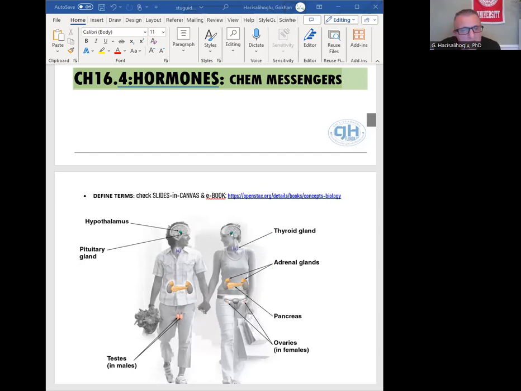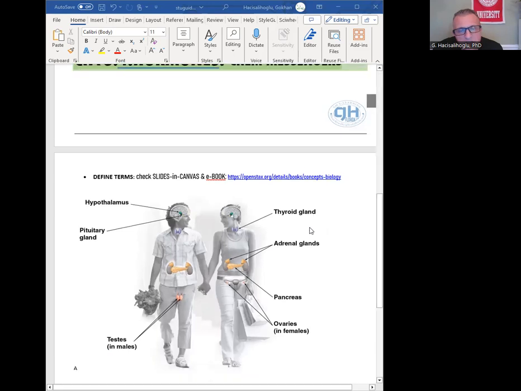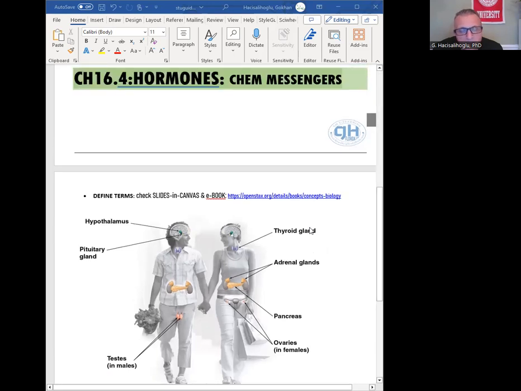In this picture, you see all the major organs and glands like the thyroid gland, adrenal glands, pancreas, ovaries, testes, and brain-related glands like the hypothalamus, that release a specific hormone, and that plays a key role in doing something specific.